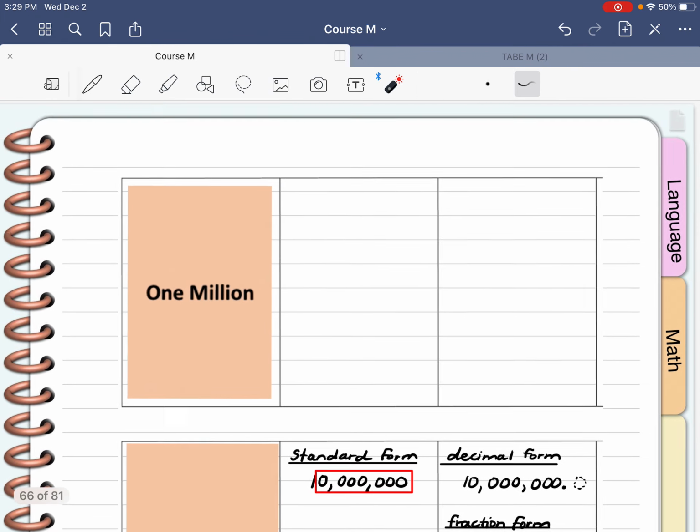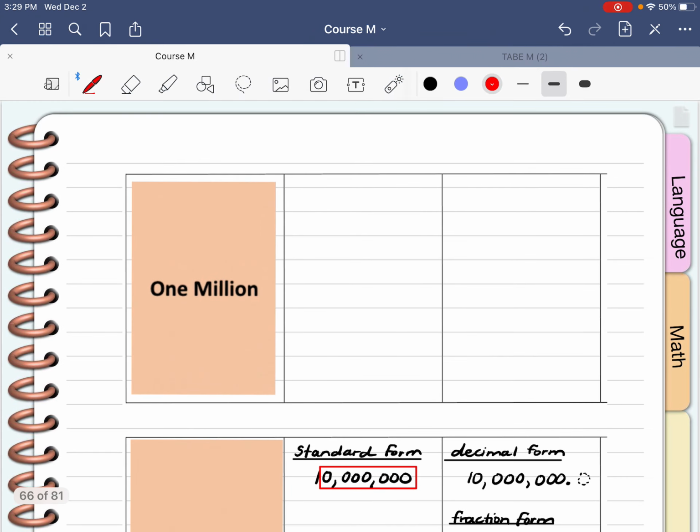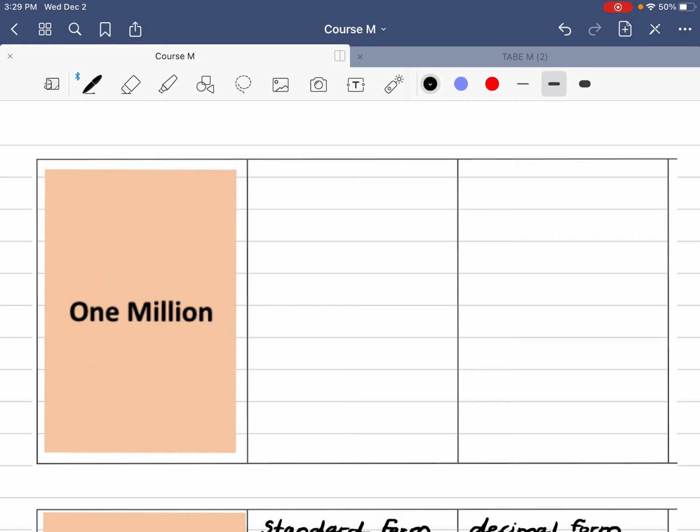Okay, let's look at the door that says 1 million. And let's write it in standard form first. 1 million. So that is a 1 with 1, 2, 3, 4, 5, 6 zeros.